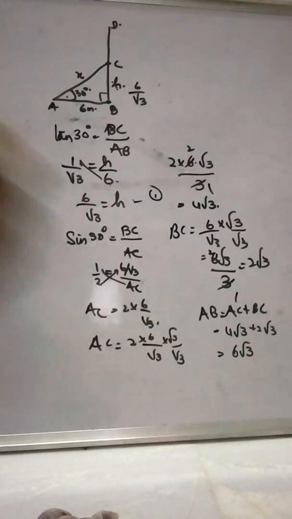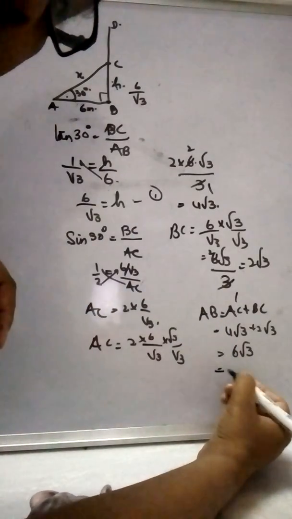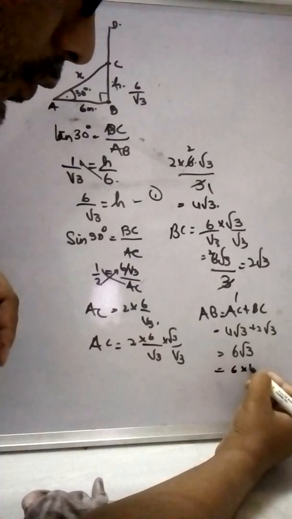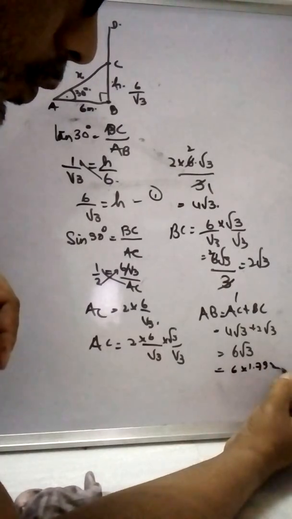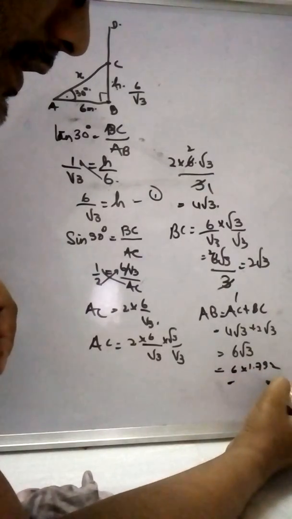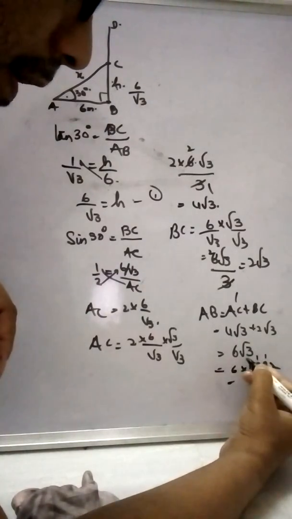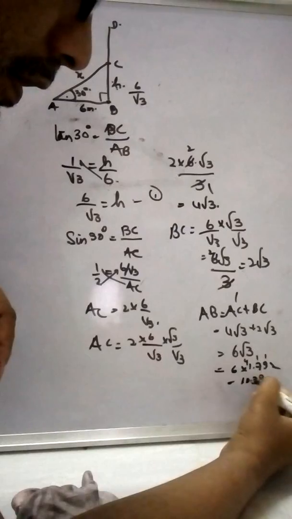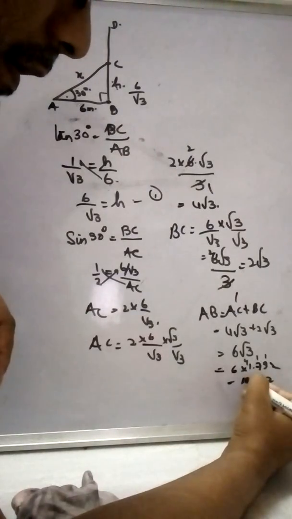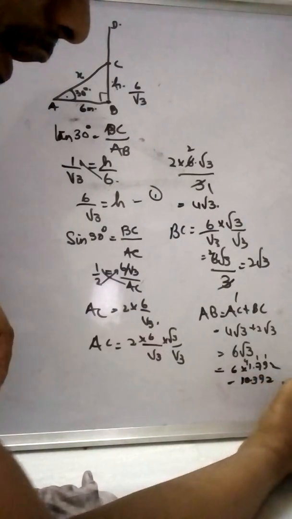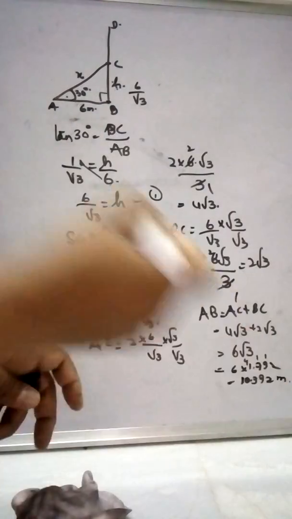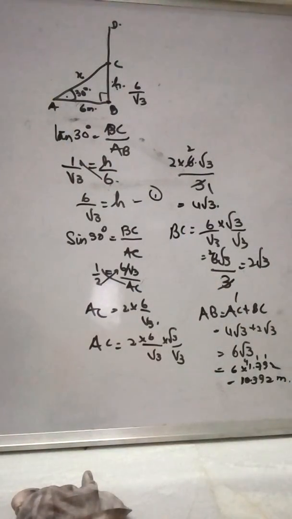And if you take the value of root 3 as 1.732, then 6 into 1.732, which is 6 2s are 12, 18, 19, 42, 43, 10. So it will be 10.392 meter. That is the height of the tree.